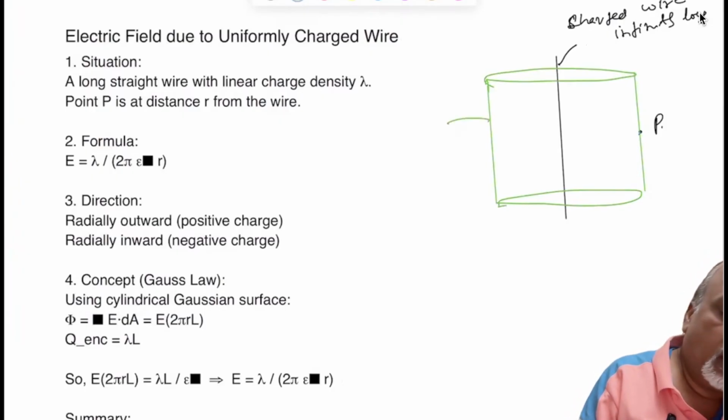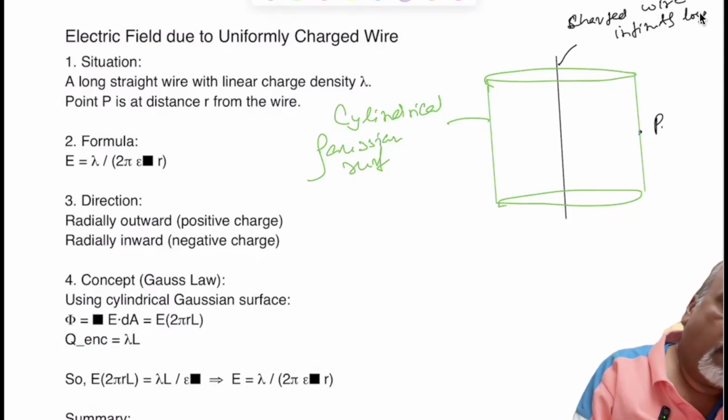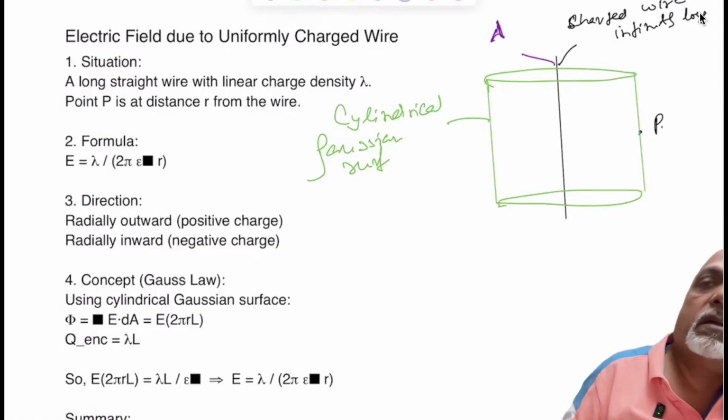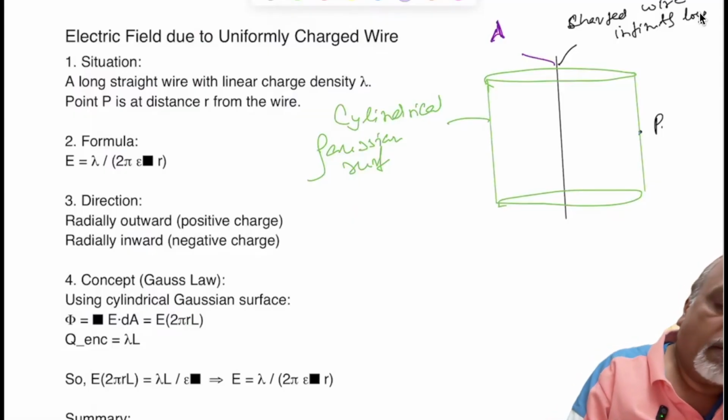This is a cylindrical Gaussian surface. Now, suppose you have a charge density of lambda, meaning charge per unit length, so the charge density on this wire is lambda. So this is a plus.